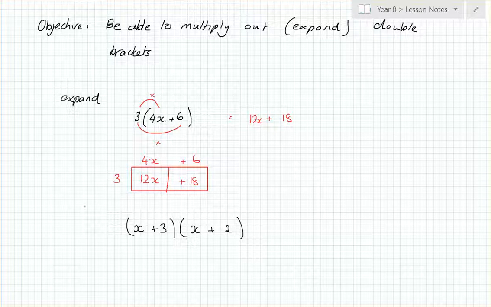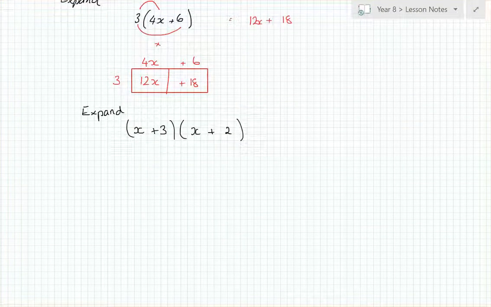So if I said to you, expand these double brackets, we've got a couple of hands sneaking up. Izzy, what would you do? What if you do x plus 3 and x plus 2 and then times 2x and 3? So what do you think it would be? 6x squared. I can say no, it's not 6x squared.